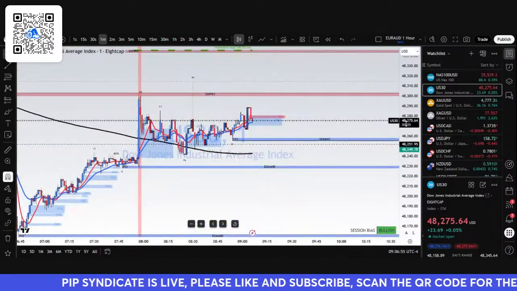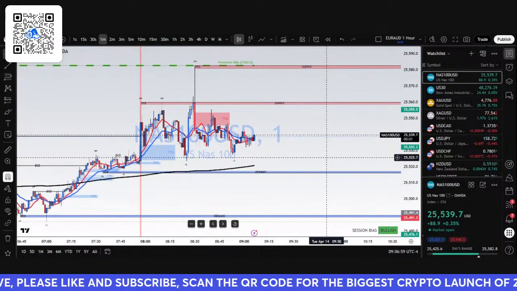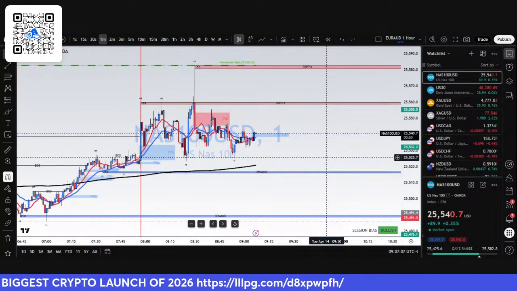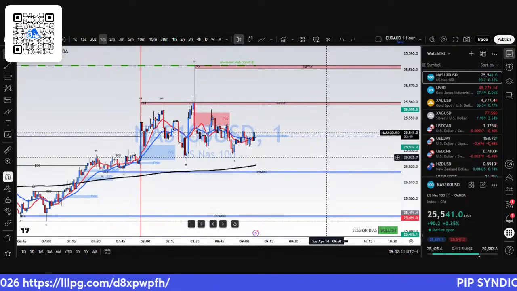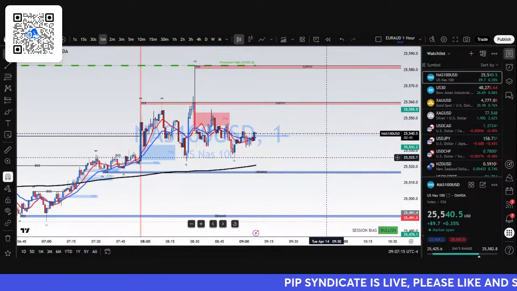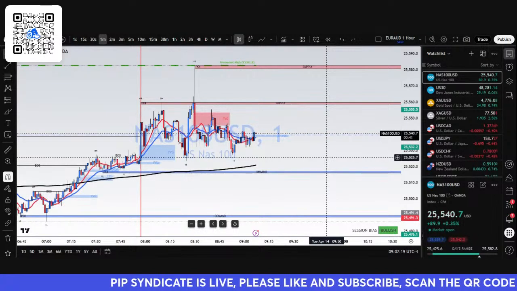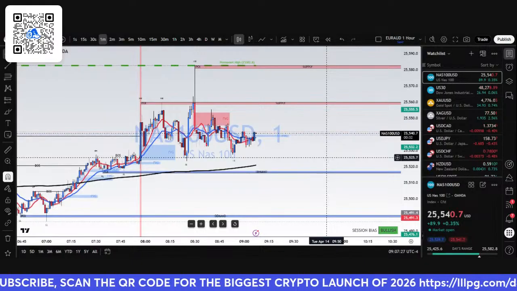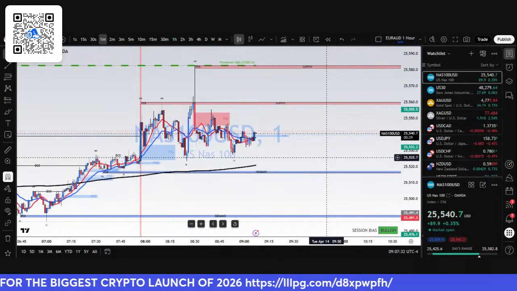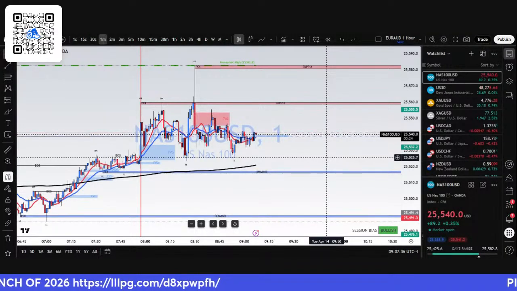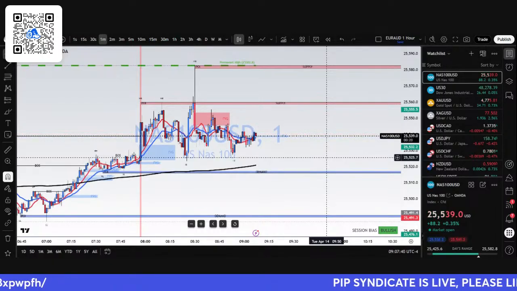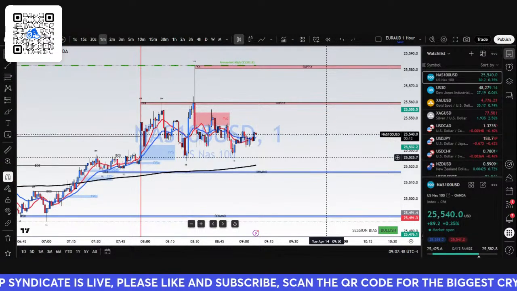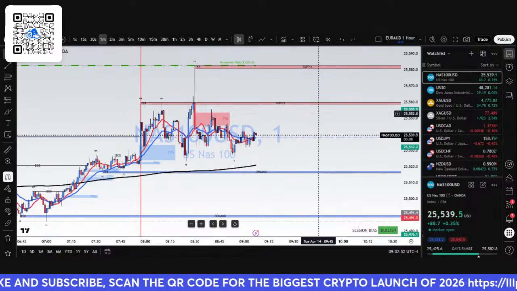Check US 30. All right, guys. We're short on Australian dollar, US dollar.